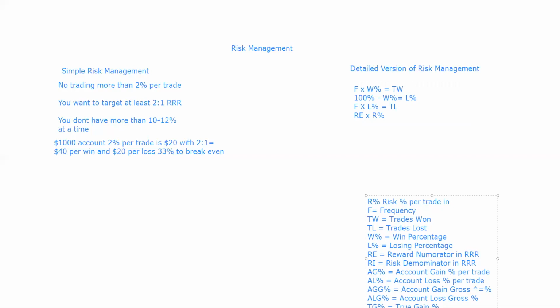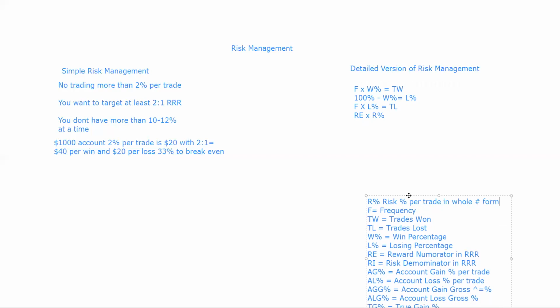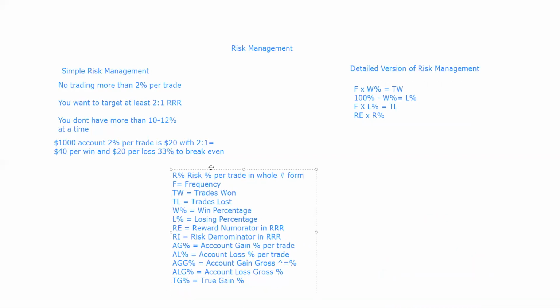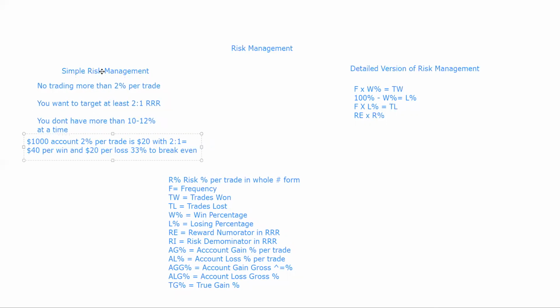This is going to be in whole number form. That's going to give you your account gain per trade, and that's going to be the account gain percentage.